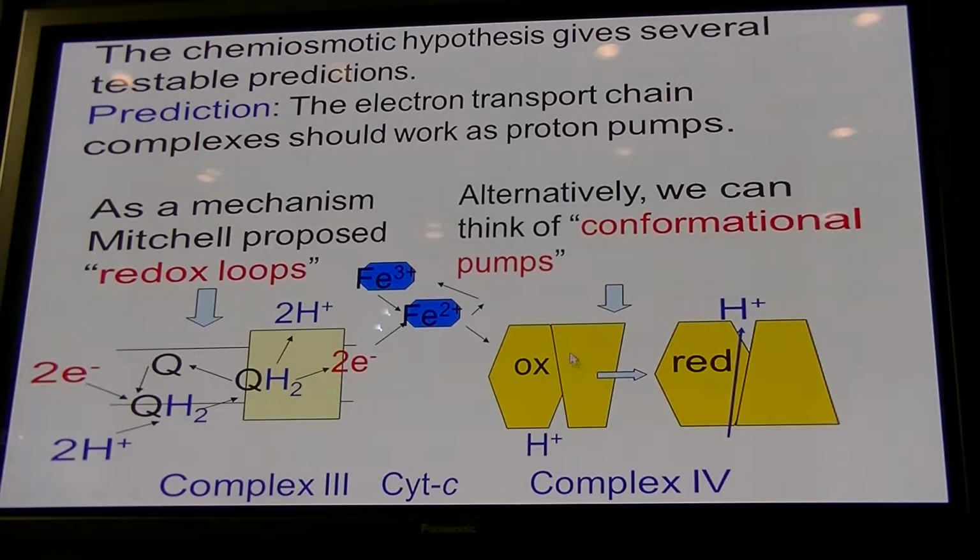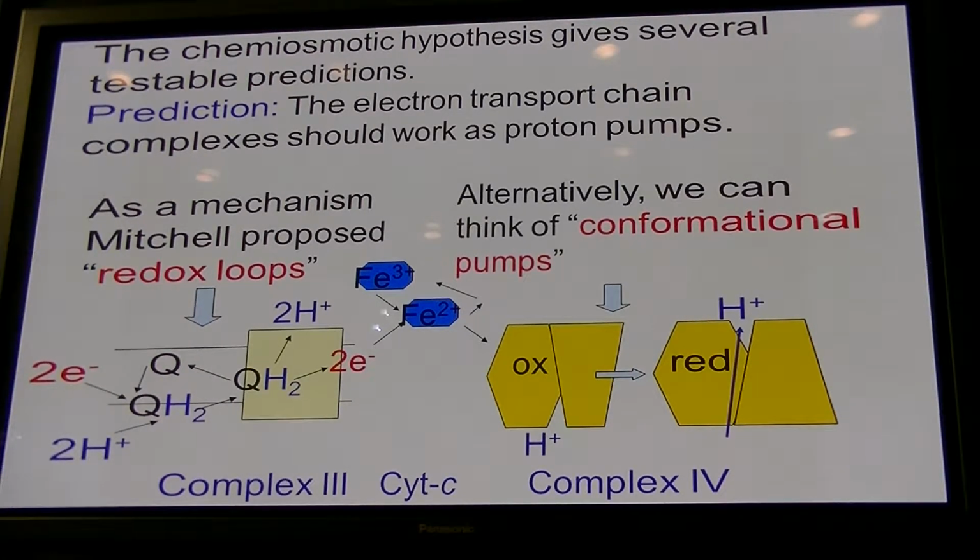And it seems that complex 4 functions really like a pump, meaning it has different conformations where it can bind protons and then change conformational shape and allow the protons to be released on the other side of the membrane. There's some similarity between this mechanism for complex 4 and the mechanism by which the sodium-potassium pump moves sodium and potassium, because it's a conformational change in the protein.